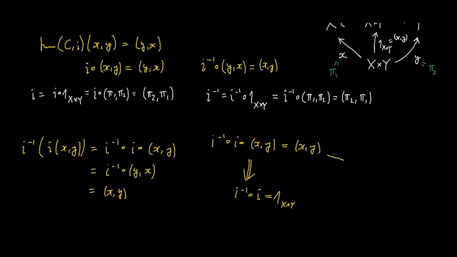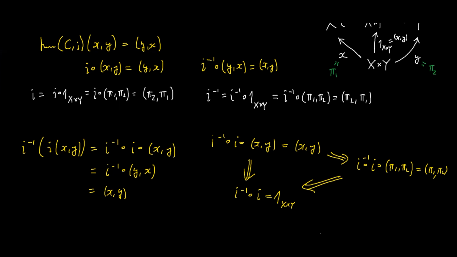We know that this is true for every X and Y, so we could apply it in the case when X and Y are pi1 and pi2. We now know this, but the pi1, pi2 map, we already remarked, is the identity map. So this will become identity morphism, and then that will become identity morphism as well. So then we will get this.